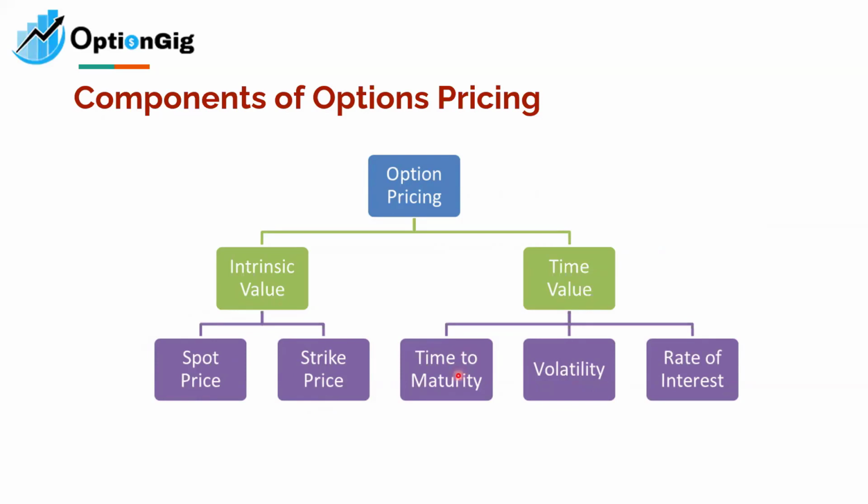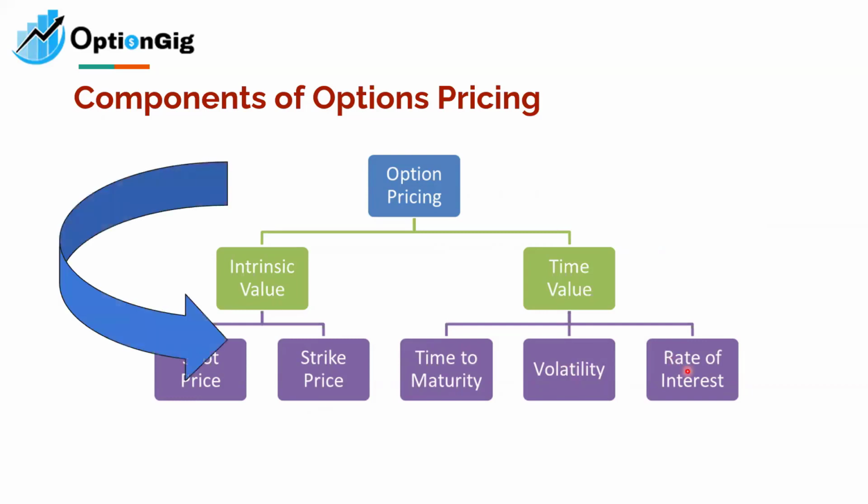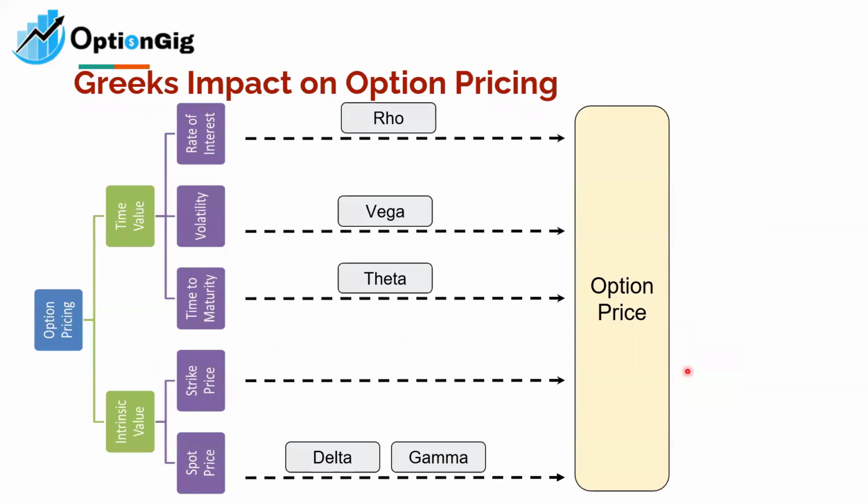Time value is determined by how much time is available until maturity, the implied volatility, and the rate of interest. Let's flip this around and understand how each one of them feeds into an option price.